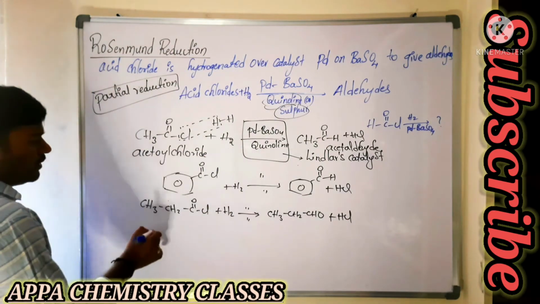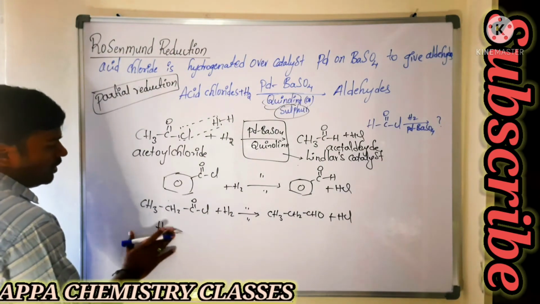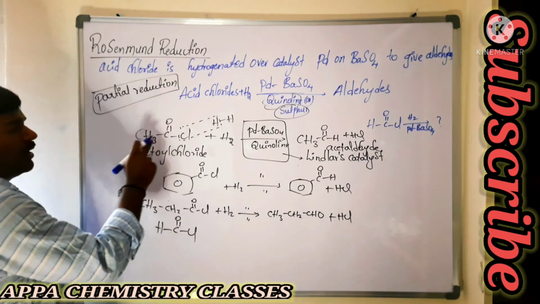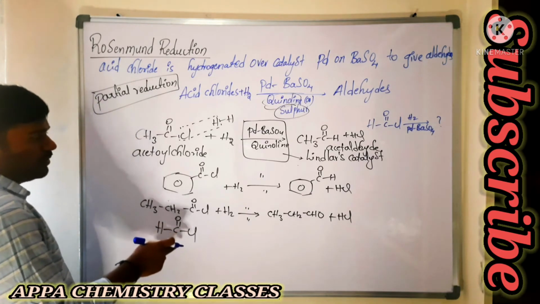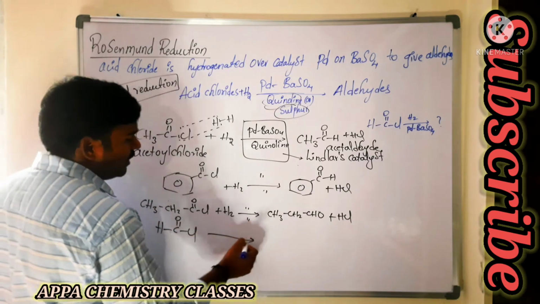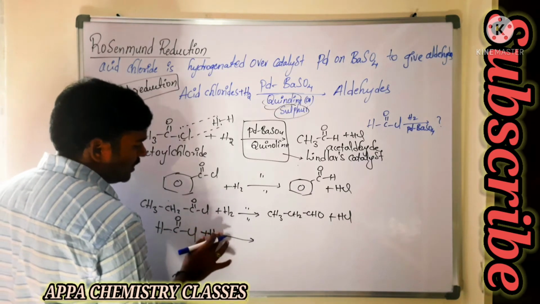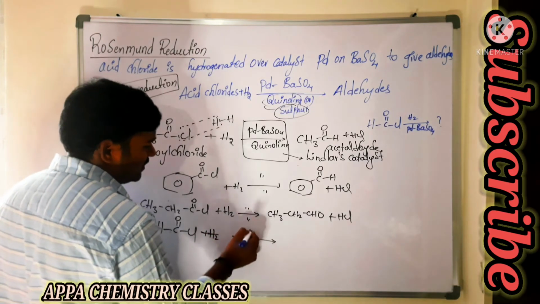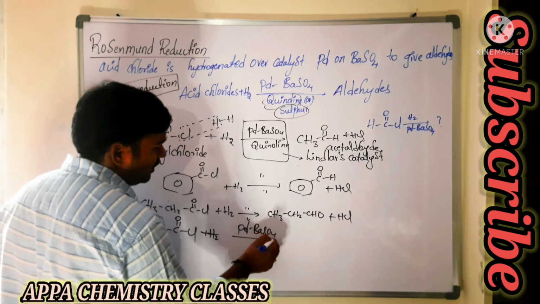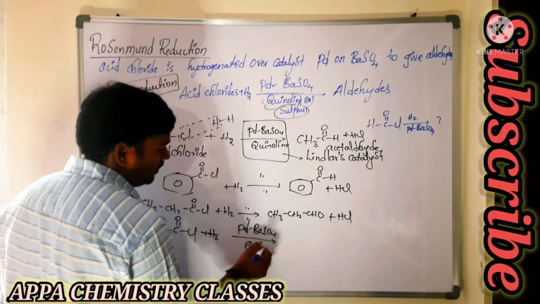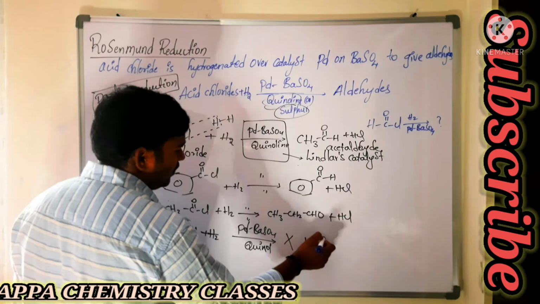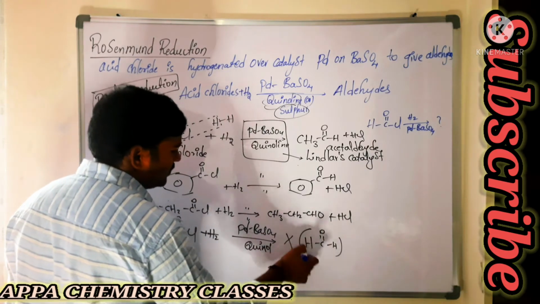If you take formyl chloride, which has only one carbon, and react it with hydrogen gas in the presence of Lindlar's catalyst, palladium over barium sulfate, and quinoline or sulfur, we will not get formaldehyde, because formaldehyde cannot be prepared by this reaction.